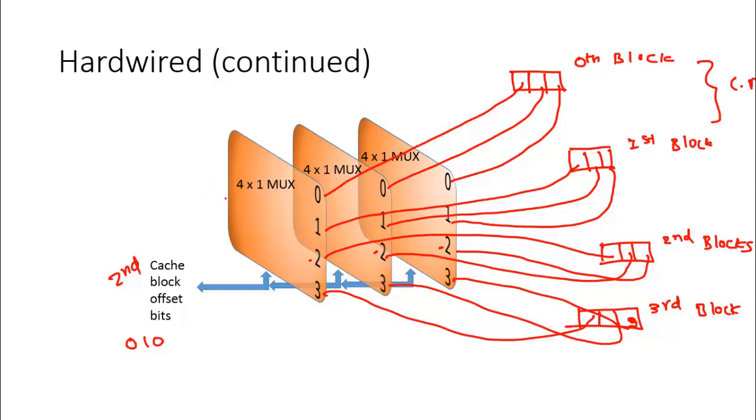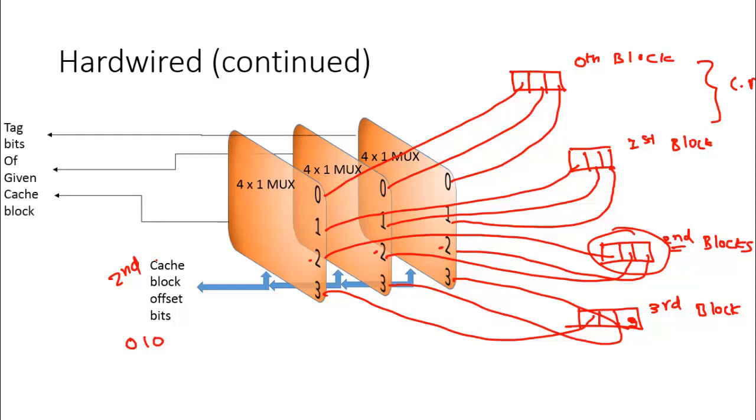As an output, there will be the result of this register. Whatsoever is stored in this register we can see here as an output. So the output is the tag bits of the given cache block.